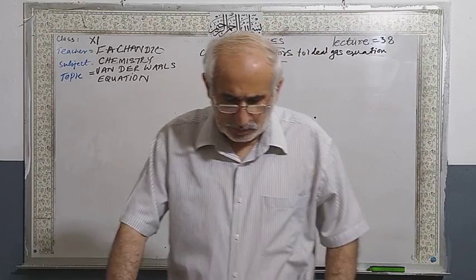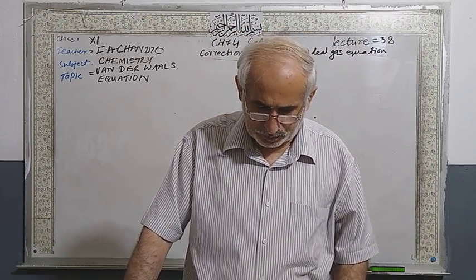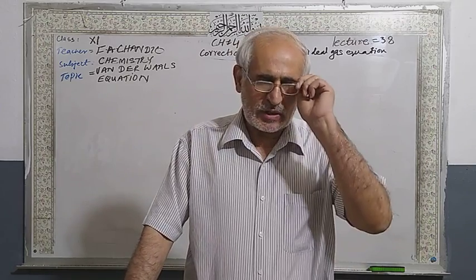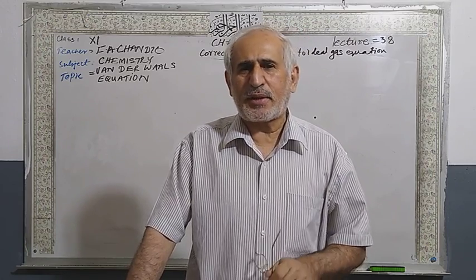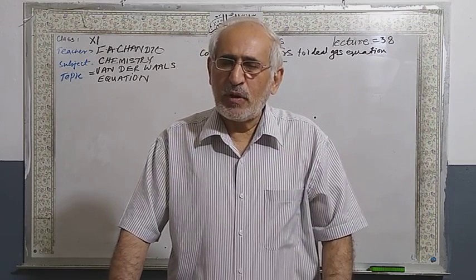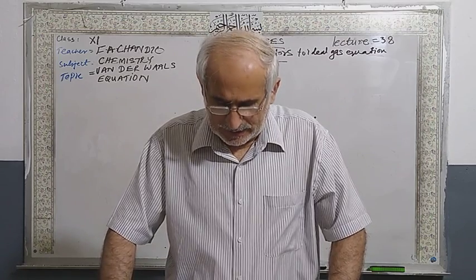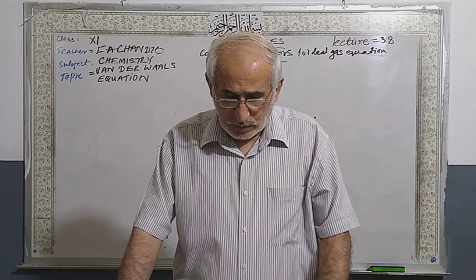Now van der Waals corrected two factors, volume correction and pressure correction. The general gas equation, PV is equal to nRT, which is the ideal gas equation, is not applicable for real, non-ideal gases at all temperatures and pressures.